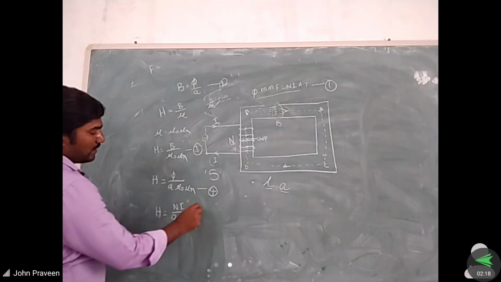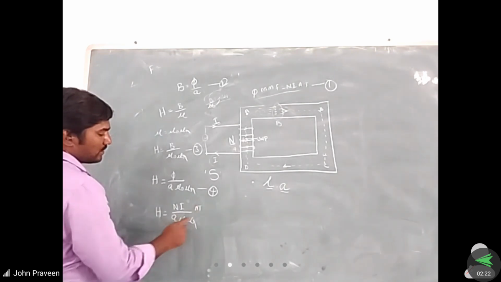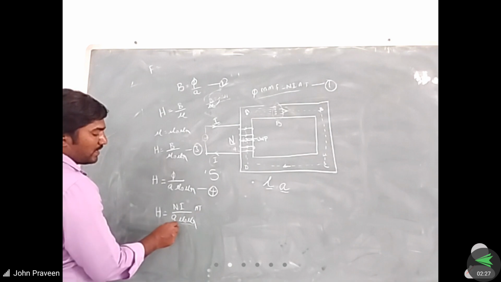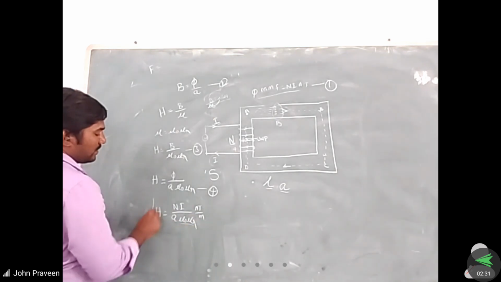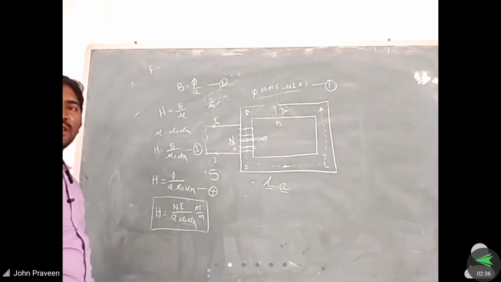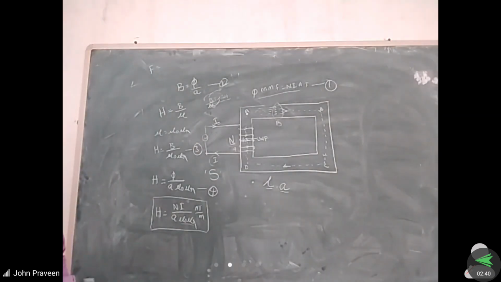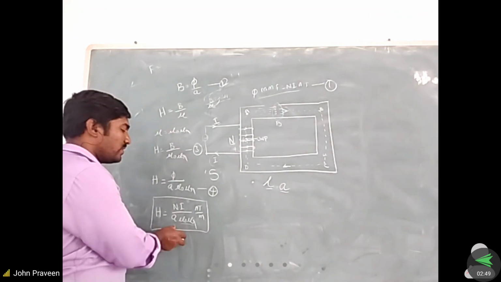The unit is ampere turn. There is no unit for mu naught and mu r, but there is a unit per meter, ampere turns per meter. So this is the actual force produced in a core material. But H depends upon the length also, not only on the cross section area.